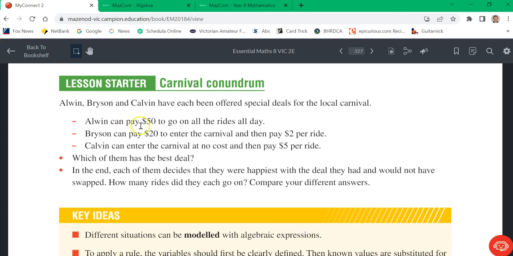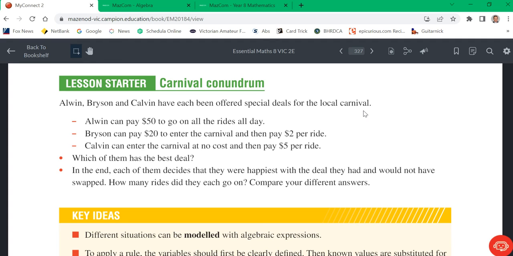such as people going to pay the special deals for the local carnival, or if you go to SeaWorld or one of those theme parks on the Gold Coast, you can pay a certain amount and get rides all day. Or there are some where you pay an entry fee and then pick up tokens or pay per ride.